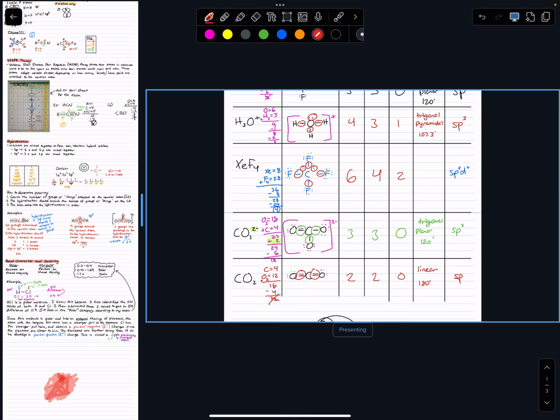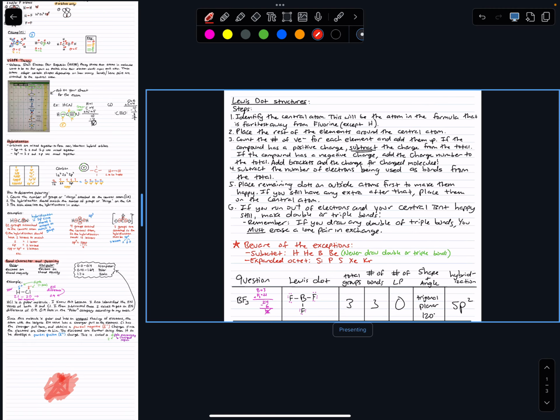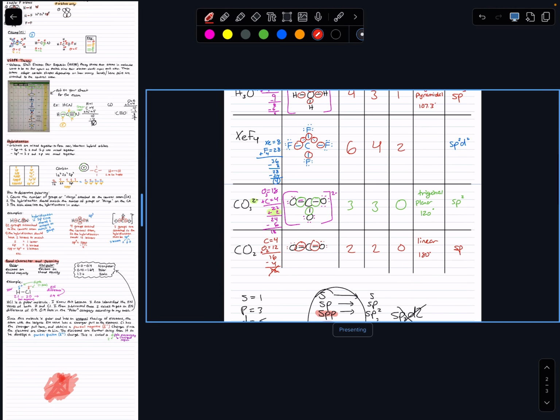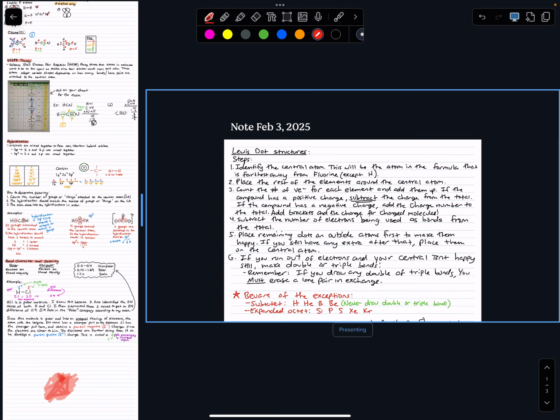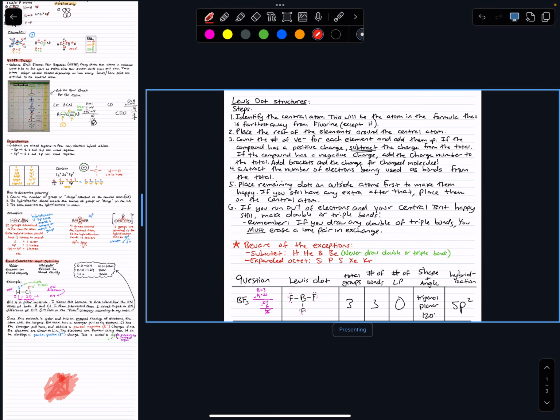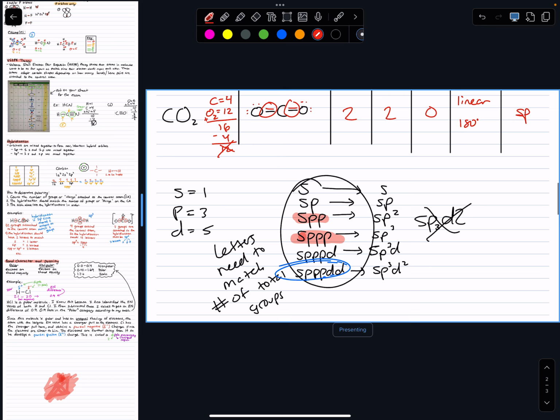Can you also add that lone pairs are still groups? Yes.